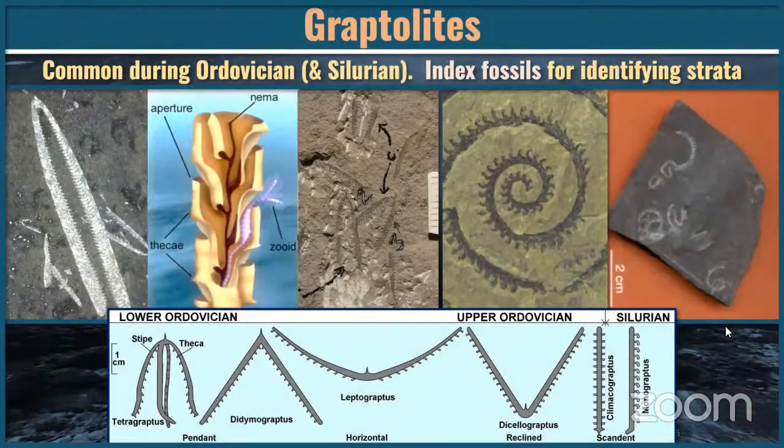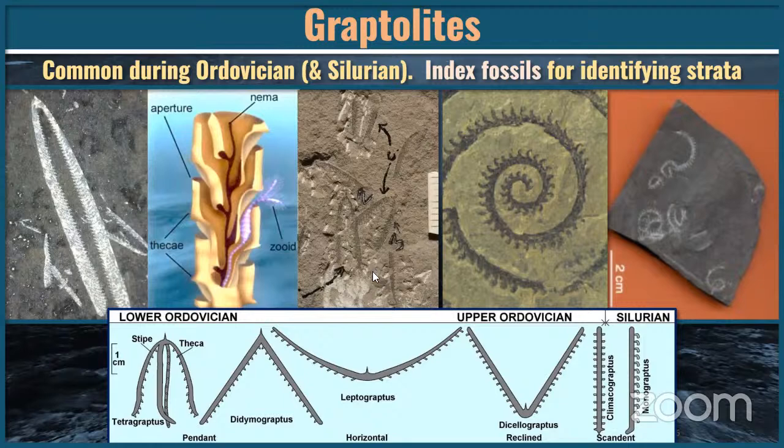Another type of organism that was present at this time were something called graptolites. Well, they're really common, I guess I'll just say it that way. So a graptolite is another index fossil for identifying strata of this time period. So we said trilobites fossilize easily. There are lots of them, so we can use them to date rocks.